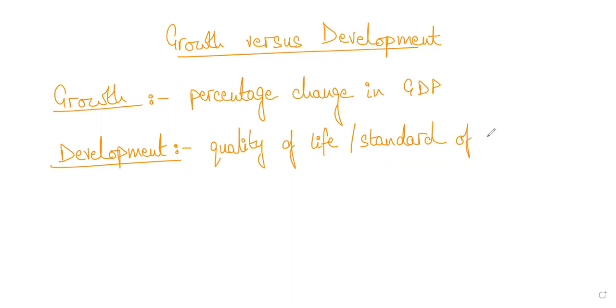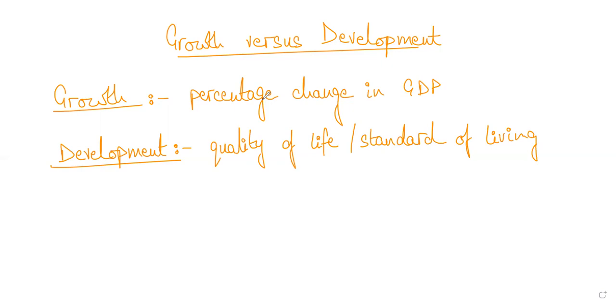Any confusion? Okay. Now, students, if we have to look into the idea that this country is progressing and becoming more developed, we need to have some indicators through which we can tell which country is growing, which country is developing, and whether one country is better than another, to compare between countries and so on.